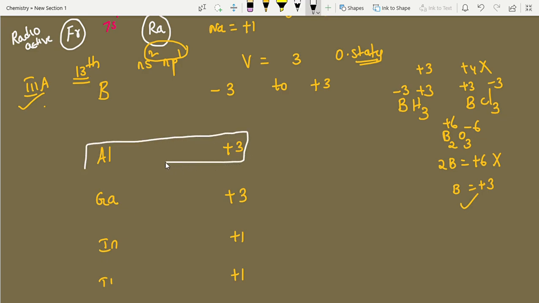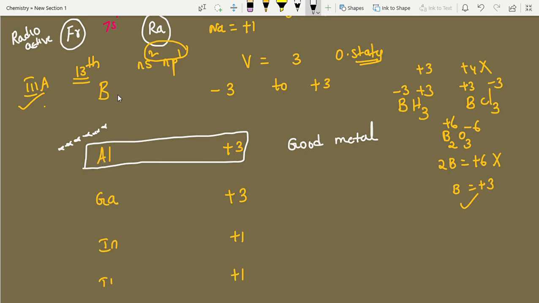Aluminium is a good metal. Remaining groups, students, as we move down the group, metallic nature increases. The ones down the group are said to be good metals, but this is exceptional. In the boron family, aluminium is a good metal. Why?